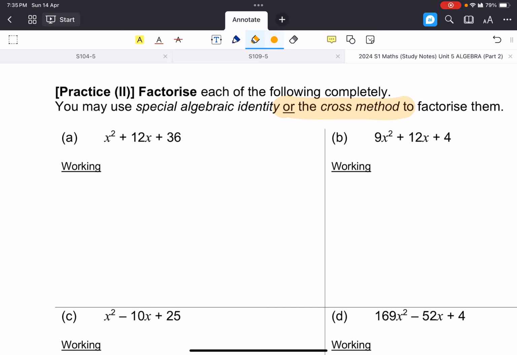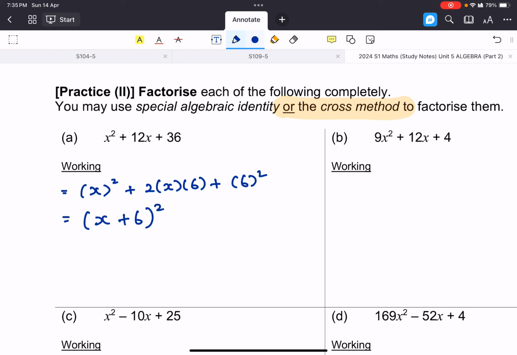So in this case, I see x squared on my first term, I see 36 on my last term. I sort of know that, hey, maybe this is the special identity case. So we try it out. This will be x squared, right, plus 2 times x times 6 plus 6 squared, right? So you can check, is a squared plus 2ab plus b squared, which will give us (a plus b) squared.